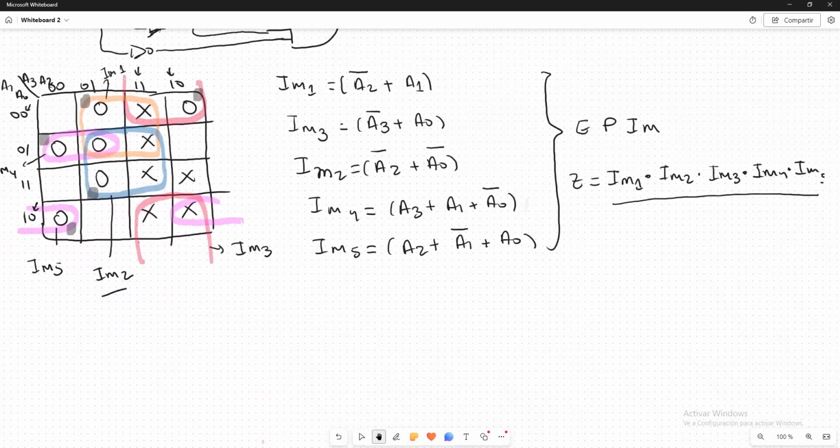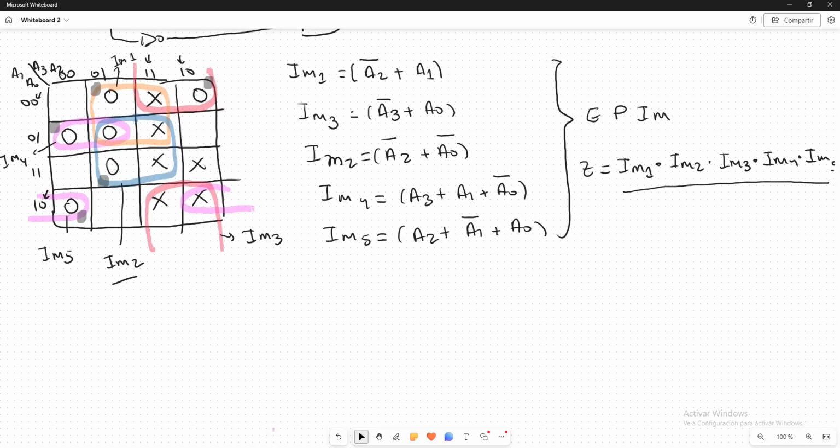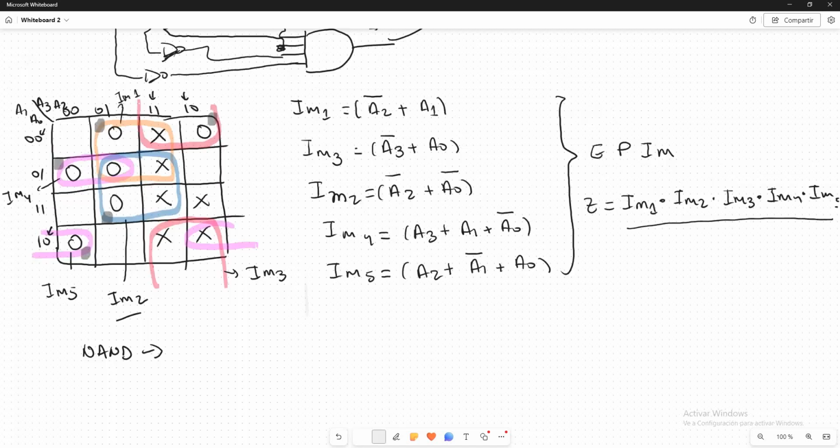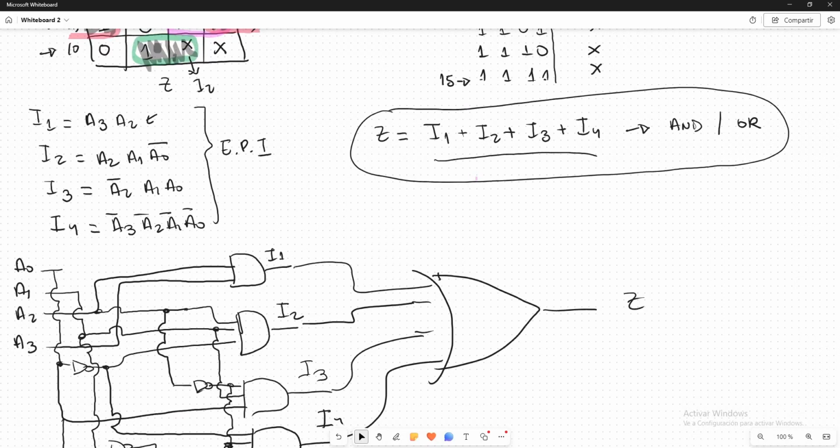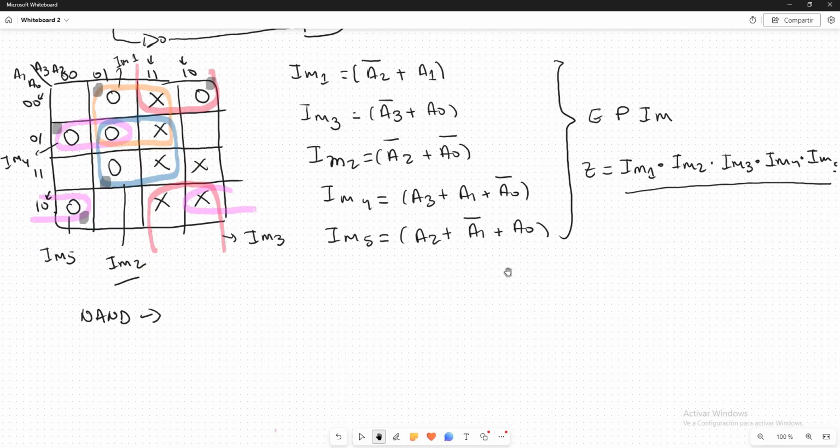Okay? So imagine that you have to implement the circuit using NAND gates. What we are going to have to do is use the minimal sum here and negate twice. So the minimal sum and negate twice.